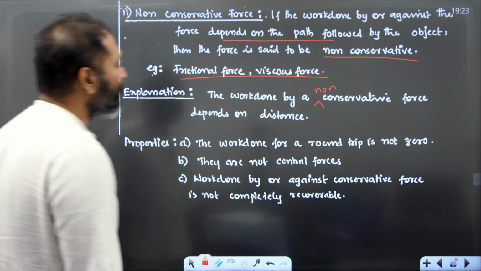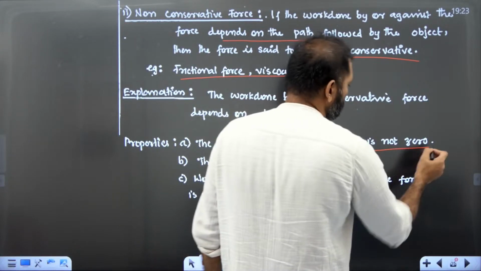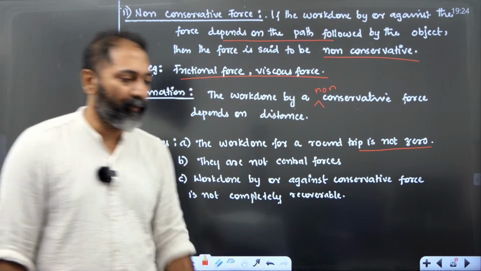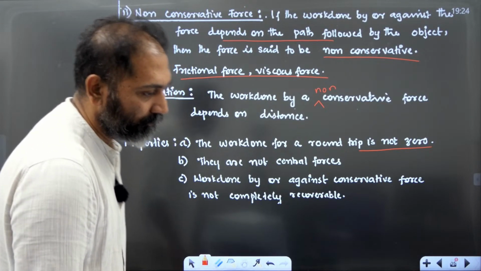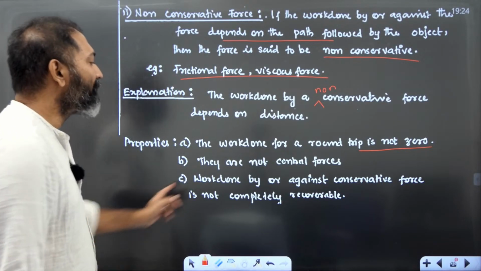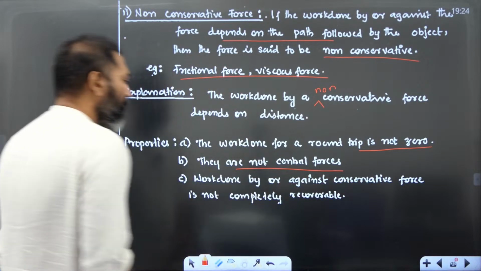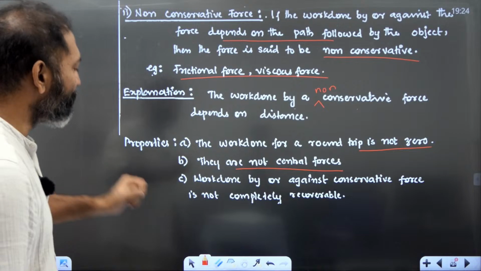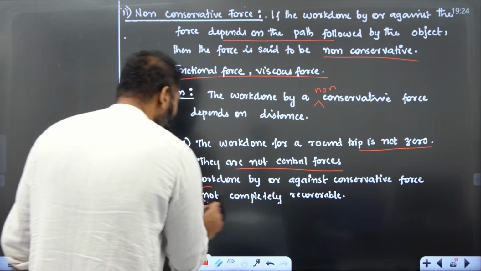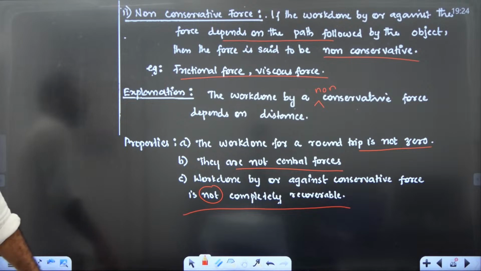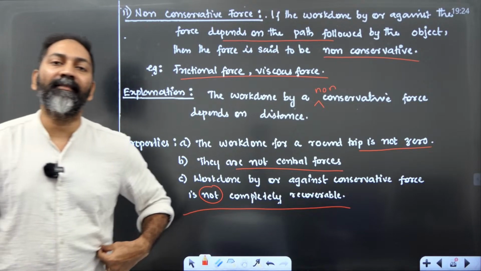Properties: work done for a round trip is not 0. They are not central forces. Work done by or against a non-conservative force is not completely recoverable.